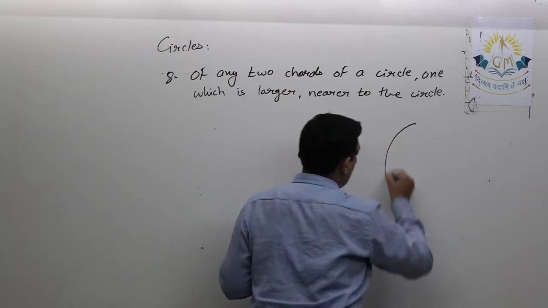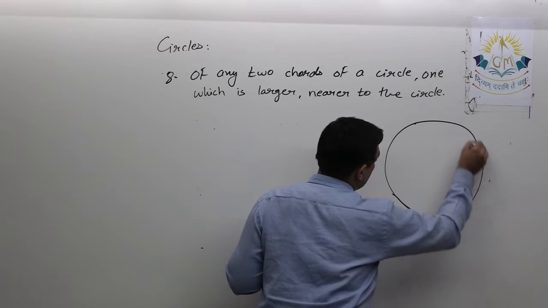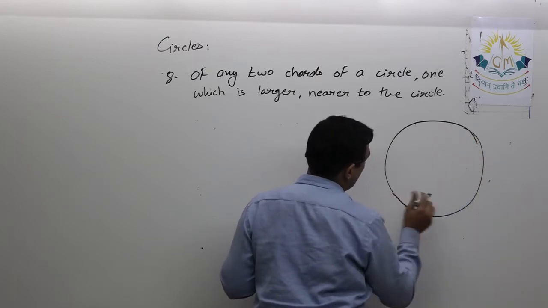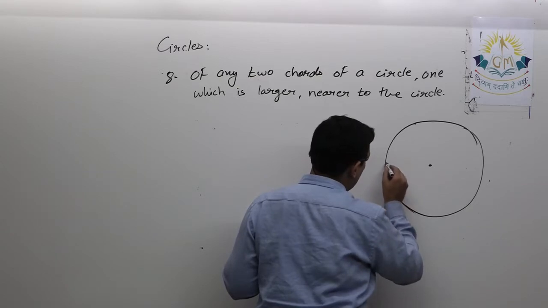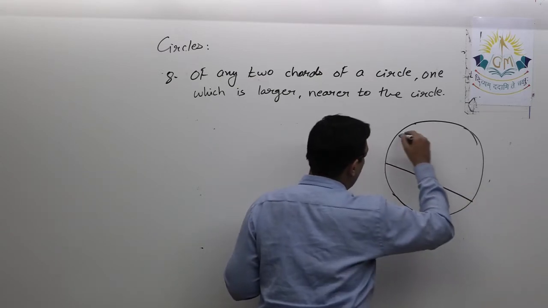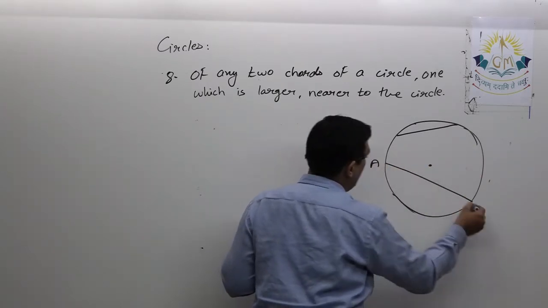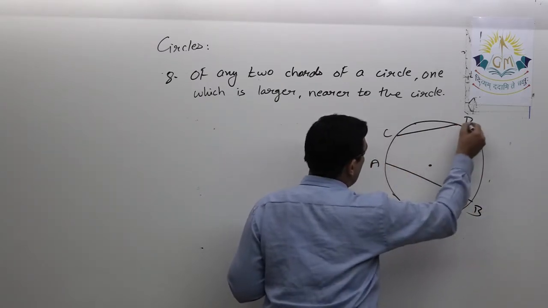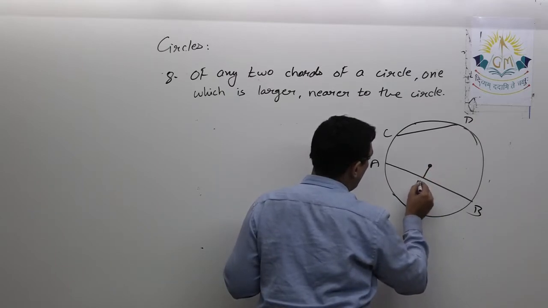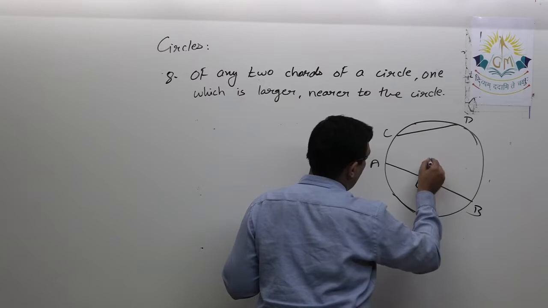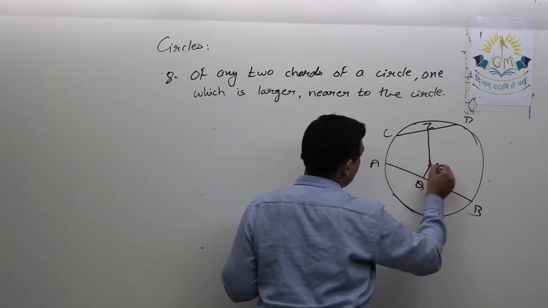Okay, you can see it in this way. Suppose this is the circle, and let this be the center. Now I take this chord and this chord, AB and CD. From the center I draw perpendicular OQ, and from here I draw a perpendicular OZ.